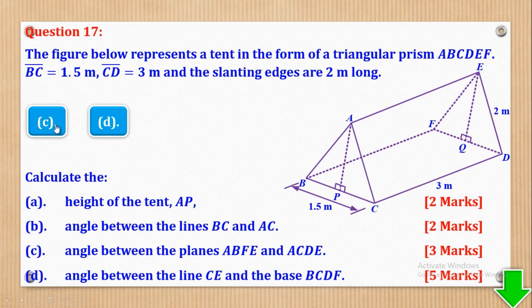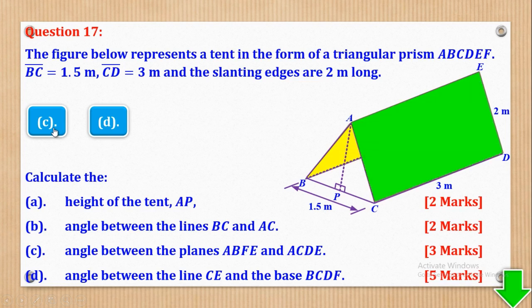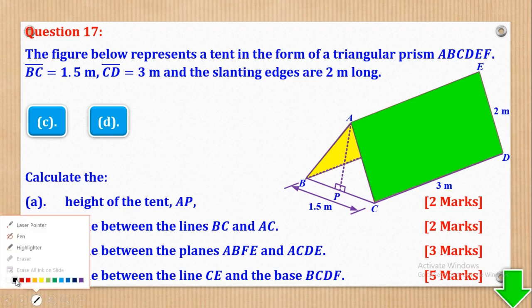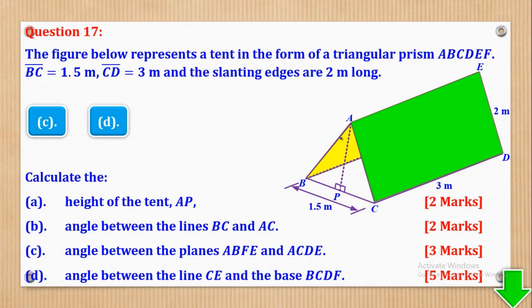If I shade, this is what we are going to come up with. There is ABFE, which is that, and then there is also ACDE. So when you associate that, you realize that the angle they want is this angle, because these are the two planes.